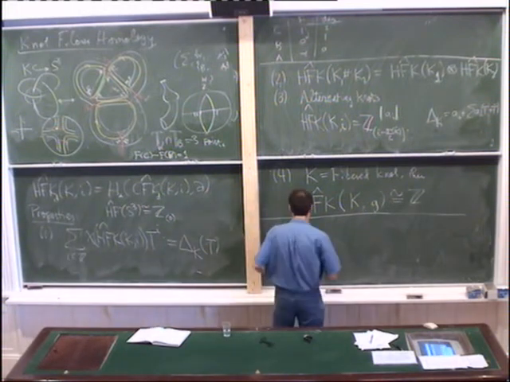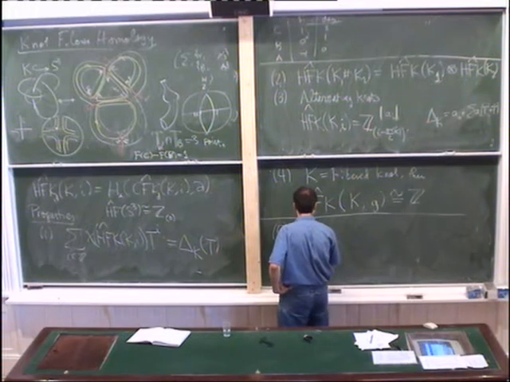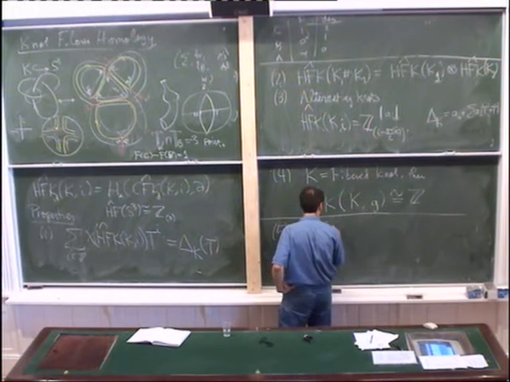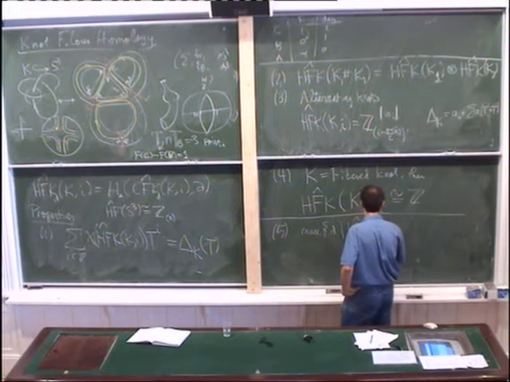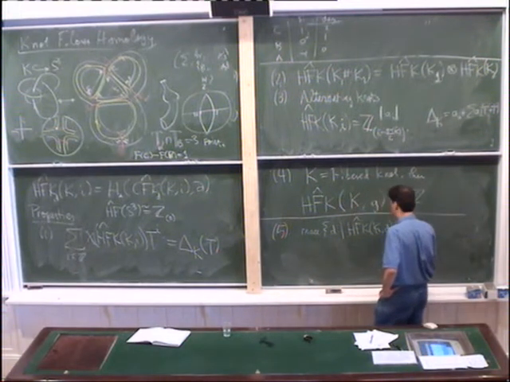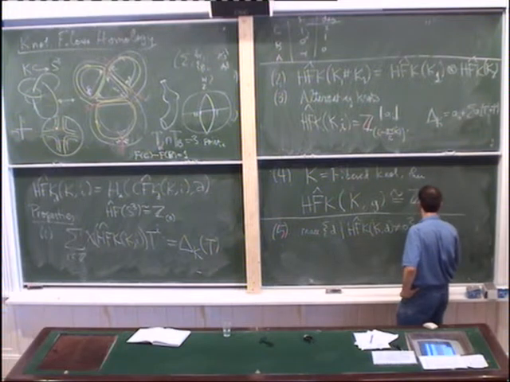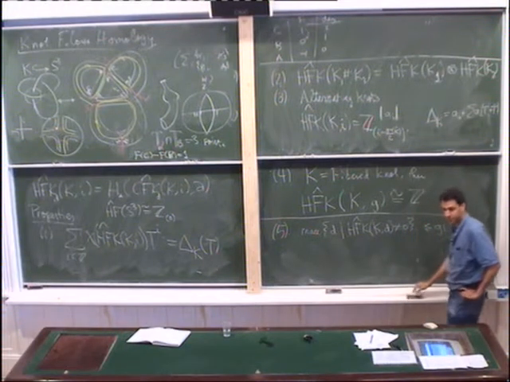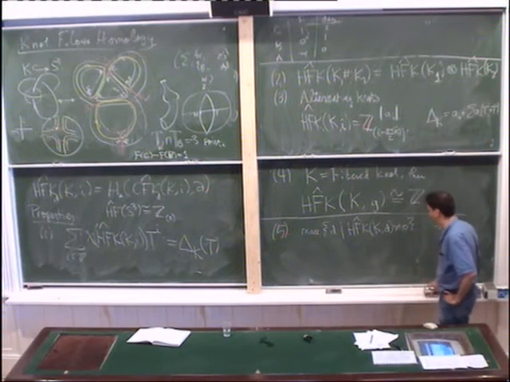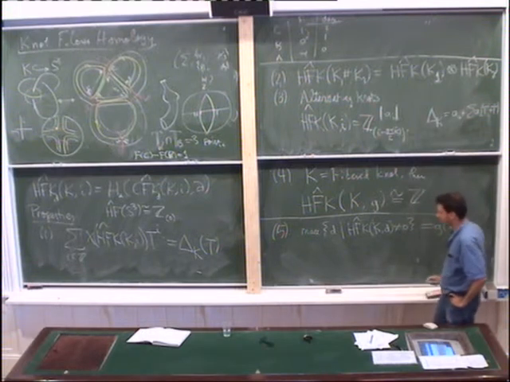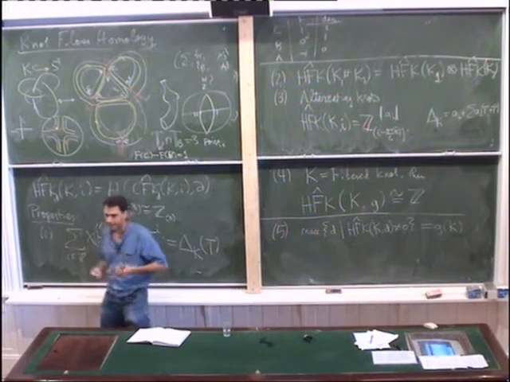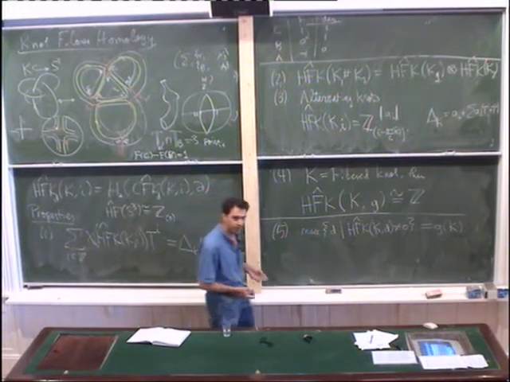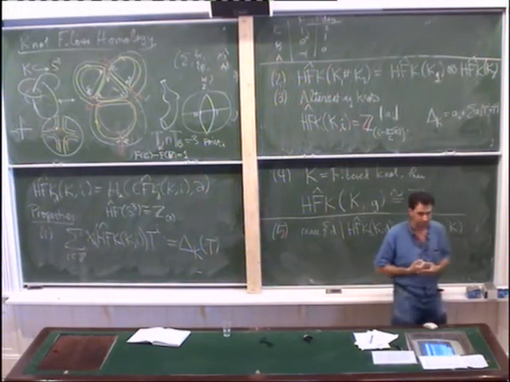In the same way, we can look at the maximum over all d such that the knot Floer homology in filtration level d is not 0. That gives you a lower bound on the genus of the knot. But in fact, it gives you a sharp bound. So knot Floer homology actually contains the genus. And in particular, if you have a non-trivial knot, then its knot Floer homology is non-trivial.